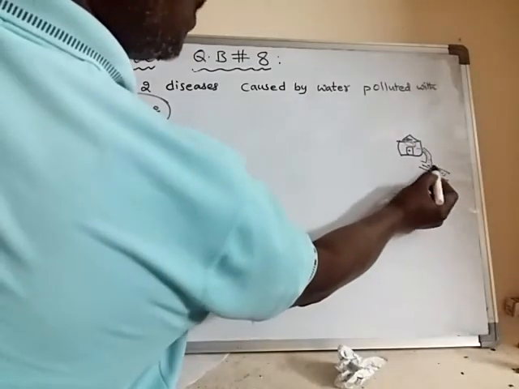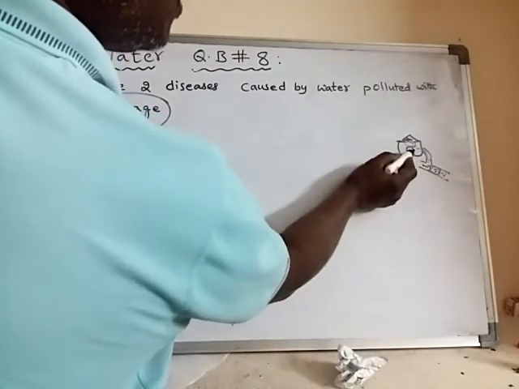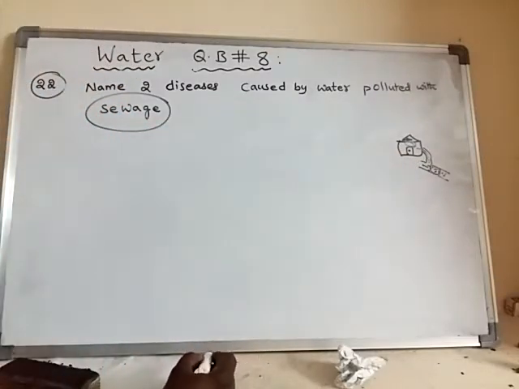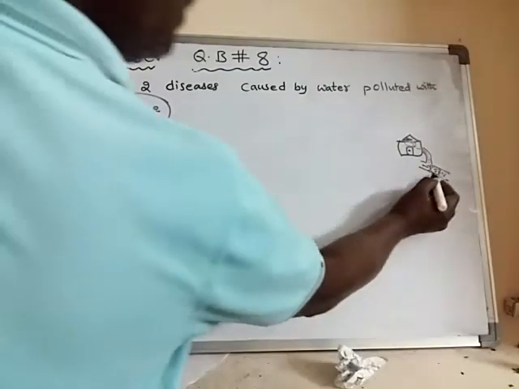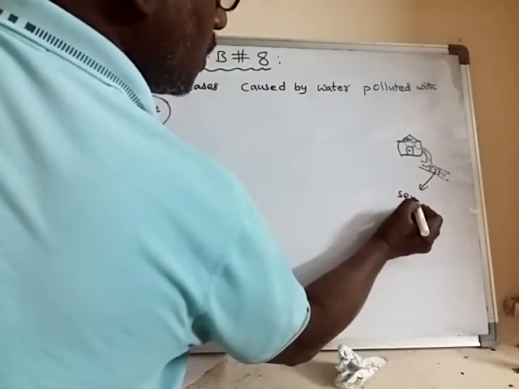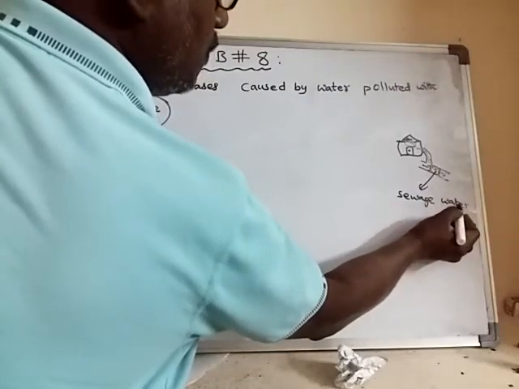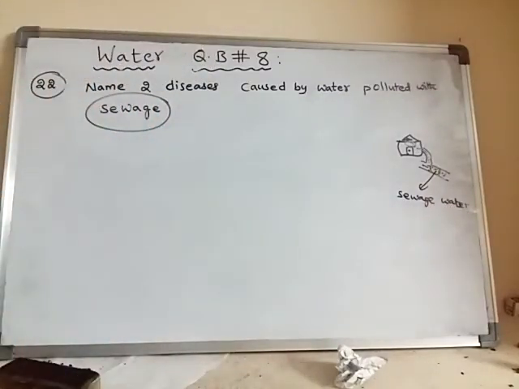This water is said to be sewage water, because it is the waste water coming out from domestic usages or from the houses. Sewage water is the water released from different houses or small factories.